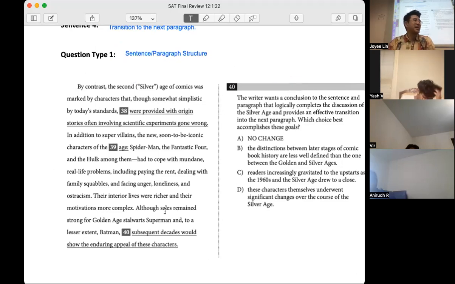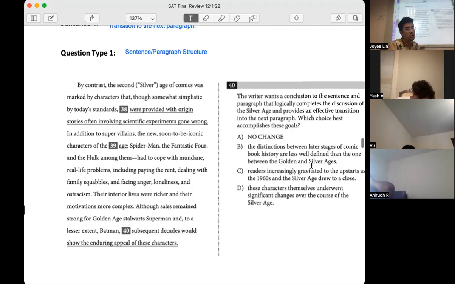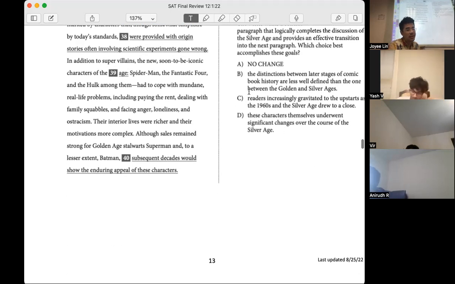Of course, I'm giving you limited context, so you have to guess a little bit. C, you're right, C. Why C? Not only is it concluding that section about the golden age, it's going into the silver age. And it drew to a close, right? It says completes the discussion, so that one's clear from the language. It wants you to use some sort of concluding language. Okay, so that one was C.